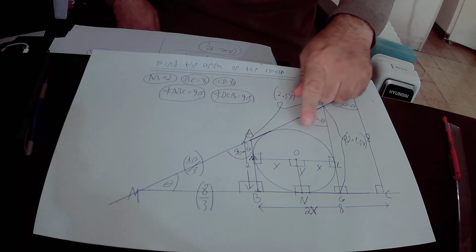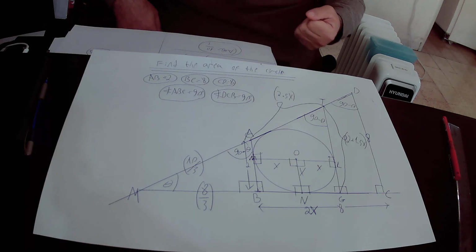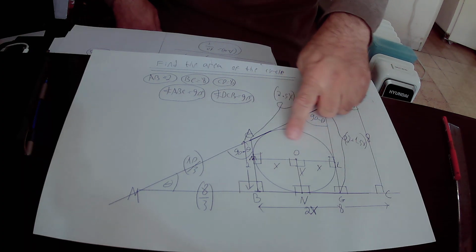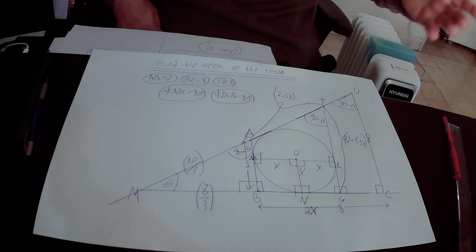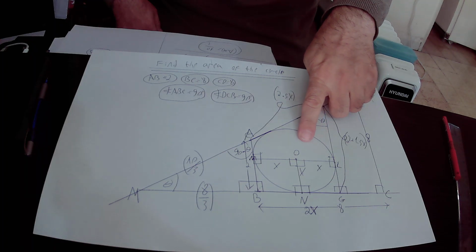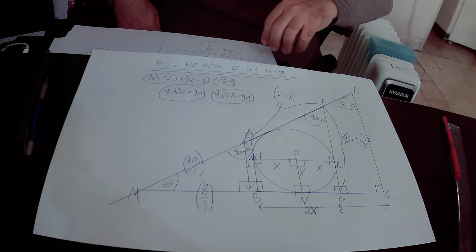LM is a straight line that touches the circle at points L and M. That is to say, LM is a chord that passes through the center of the circle, that is to say, it passes through point O, that is the center of the circle. Any chord that passes through the center of the circle must be the diameter of the circle. Therefore, LM is the diameter of the circle.